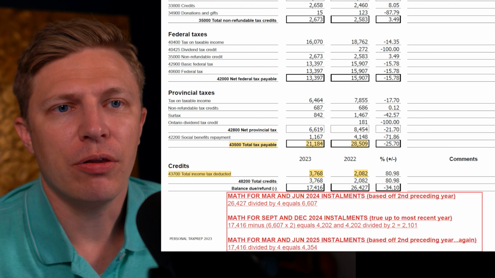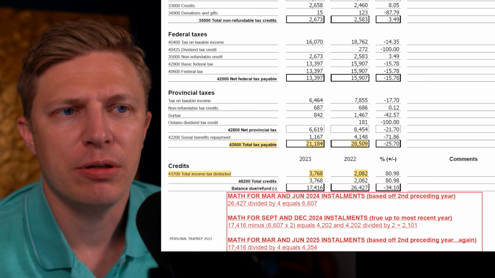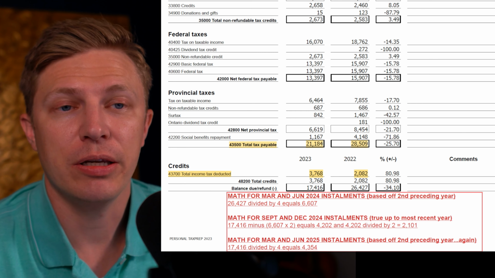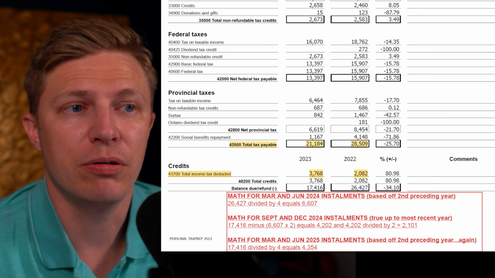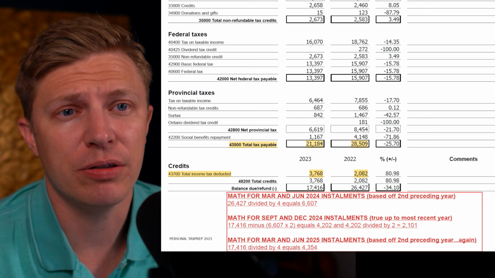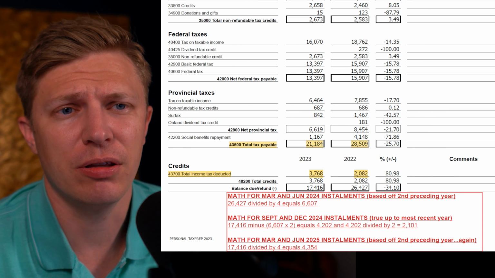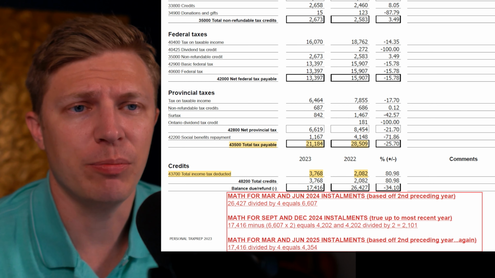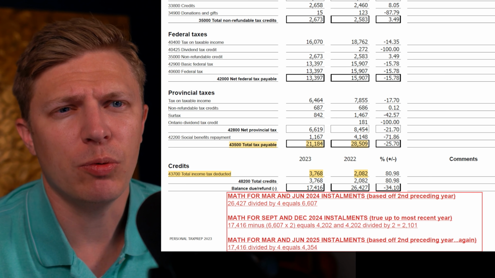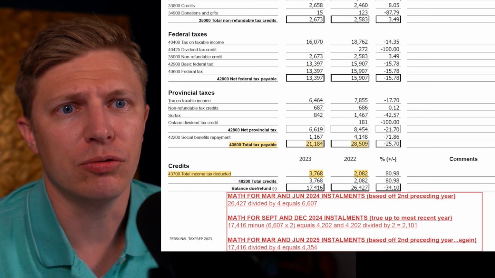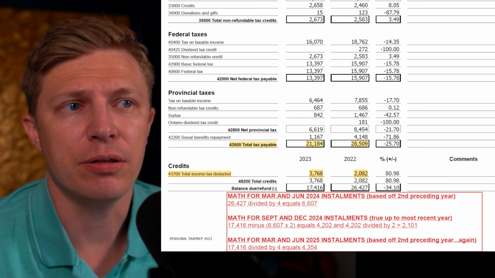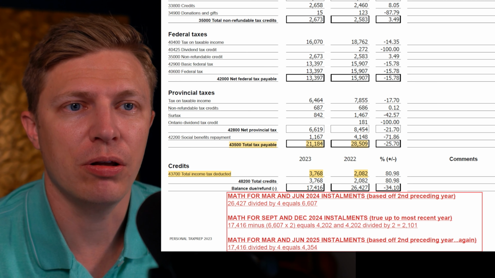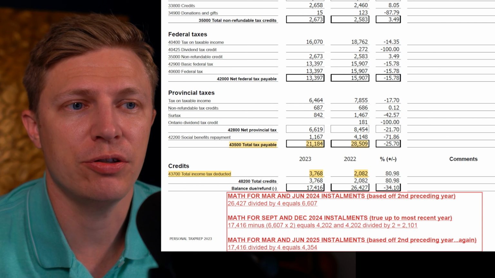So if you have other sources of income outside of employment that do not have tax deducted at source, like income coming off of a non-registered investment portfolio, like dividends or capital gains, those aren't taxed at source. So come filing your tax return, you have all this income and you haven't paid tax on it. Another example would be someone who has RIF withdrawals, and they've elected to not have withholding tax taken on their minimum required RIF payments each year.